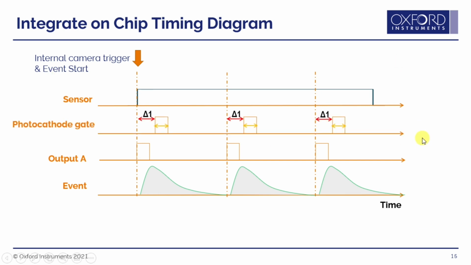You can gate your photocathode using integrate on chip in the software so that you're in the same time domain, capturing at exactly the same part of the event, opening the gate for the same part of the event in the same exposure. You're just building intensity through every event, and you can do this multiple times depending on what you're trying to do. It's an excellent way of getting better signal to noise.